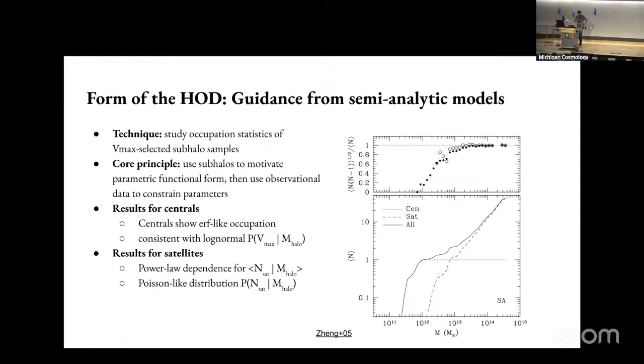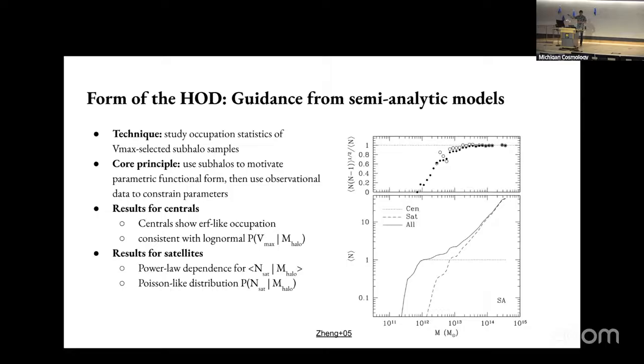Certainly the error function is quite intuitive for where it should come from if you just think that there is some scaling relation between stellar mass and halo mass and some log-normal PDF that gives you some scatter about that scaling relation. Well, then Ncen as a function of halo mass is just an integral of that. And an integral of a Gaussian is an error function. So it's intuitive that once you go to sufficiently high mass, you have enough mass in your halo such that you're going to have a galaxy that sits at the center of that halo.